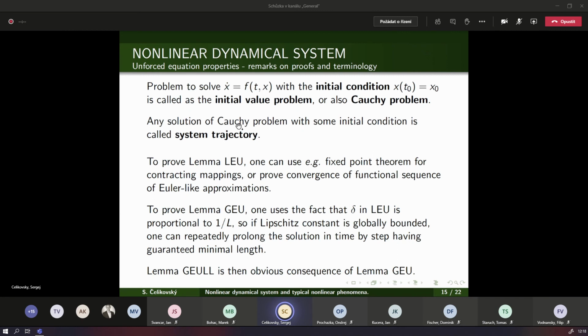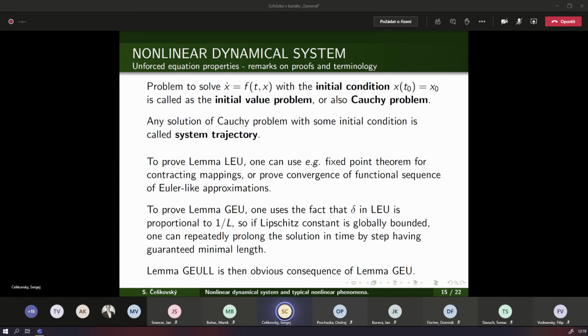And any solution of a Cauchy problem with some initial condition is called a system trajectory. So when we speak about a system trajectory, it is any of the solutions of these, and we may also say that the Cauchy problem is finding the trajectory that crosses or goes through the given initial condition.